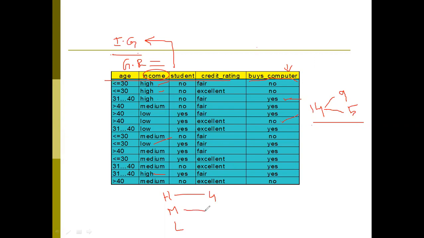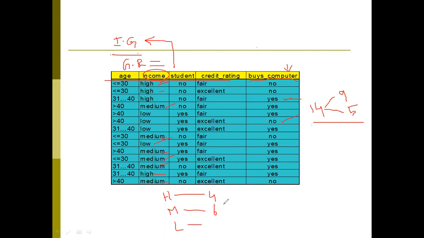Next, check for medium. Medium 1, medium 2, medium 3, 4, 5, 6. 6 medium objects are there. And the total number of records is 14.